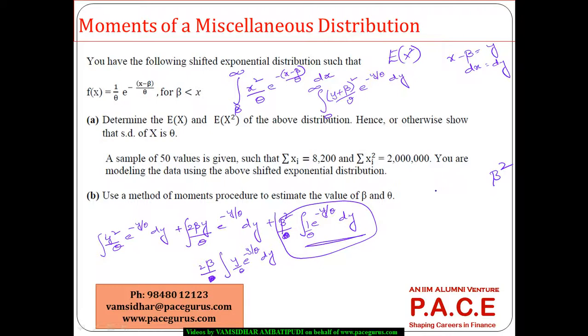So this becomes 2 beta theta. This entire thing was worked out as theta for us earlier, so I'll use that result without solving. So 2 beta theta is there, plus beta squared is there. Now what about the first one?